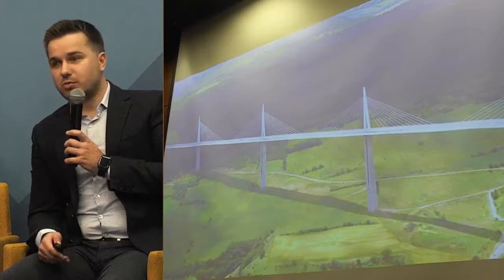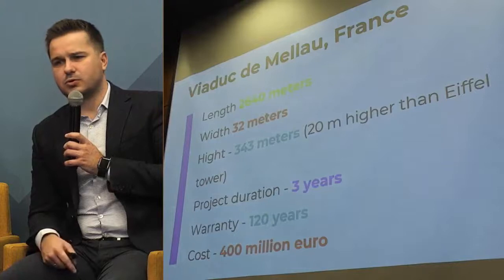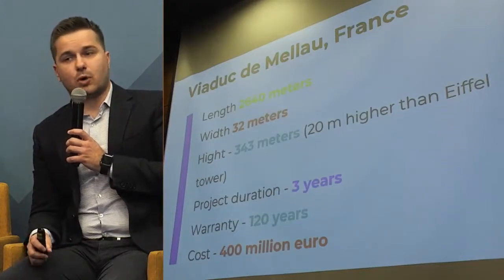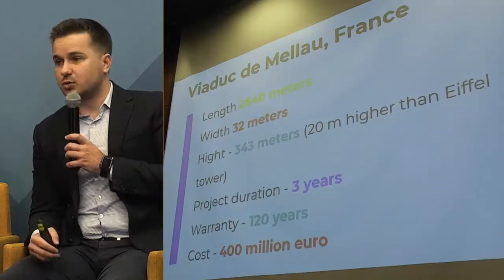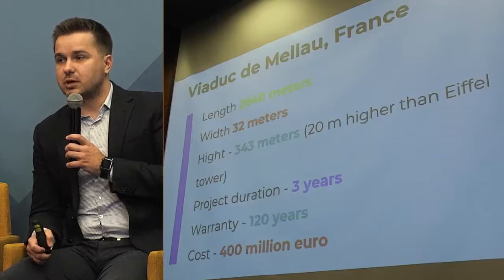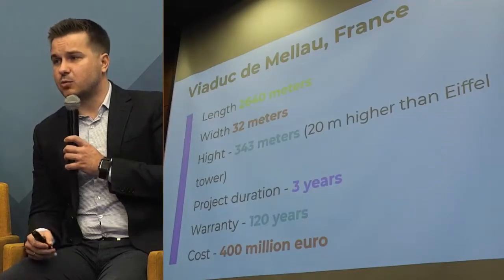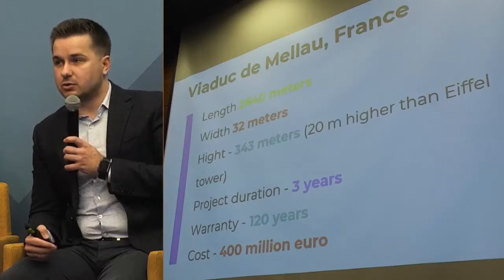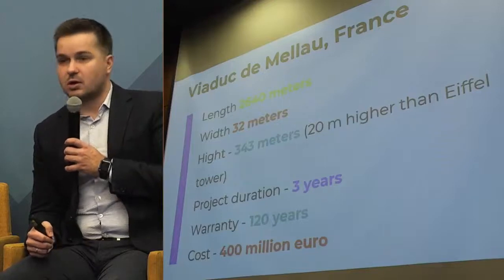It's the Viaduc de Millau, a bridge almost 3 kilometers long, pretty wide, very high, 20 meters higher than the Eiffel Tower. It was constructed in 3 years, and the constructor provided a warranty for 120 years. The cost of this construction was 400 million euros.